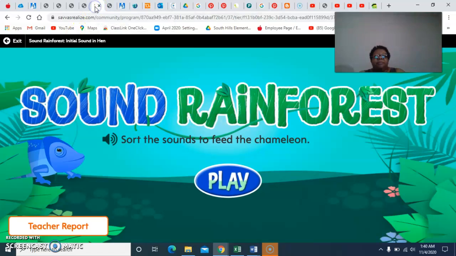Next, I have our game, and it's Sound Rainforest. So I'm going to show you pictures, and we're going to see where we put them.